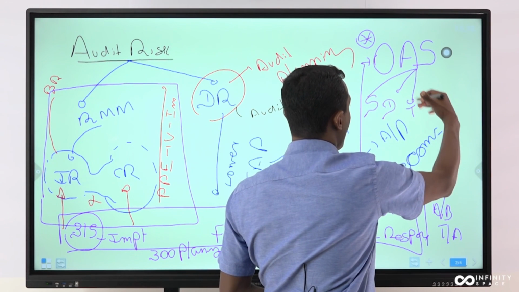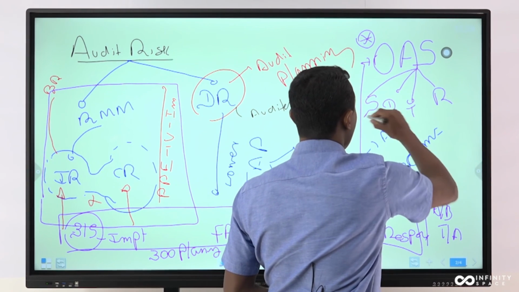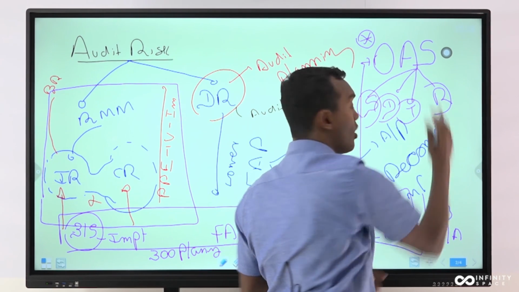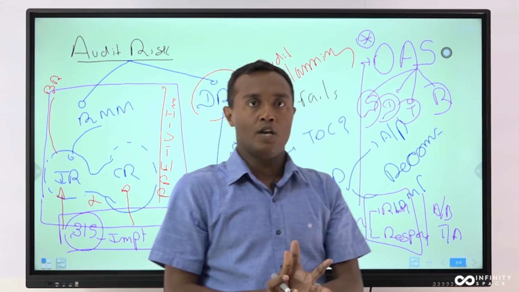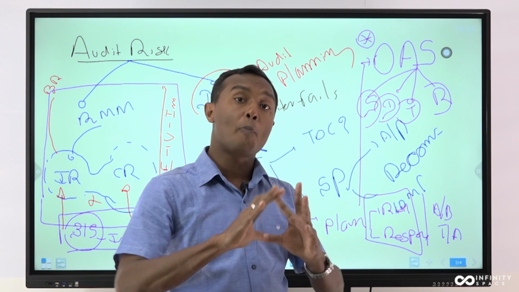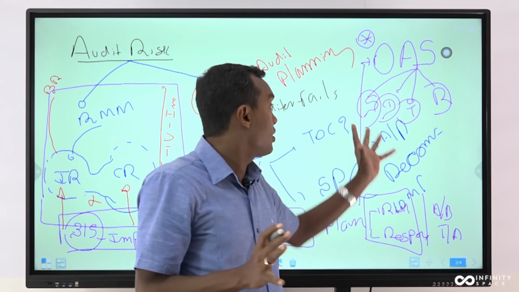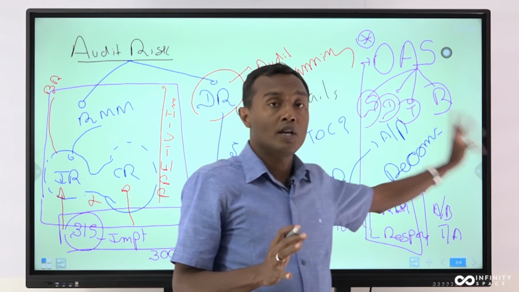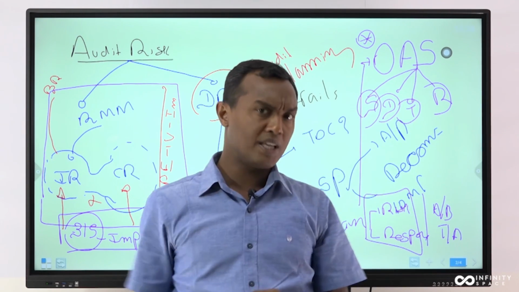Scoping, direction, timing and resourcing. These are big ticket items where the audit manager and partner are guiding the audit team to scope out the entity that you are auditing: scoping, direction, timing, resources. I'll take a mini case study and explain this to you.